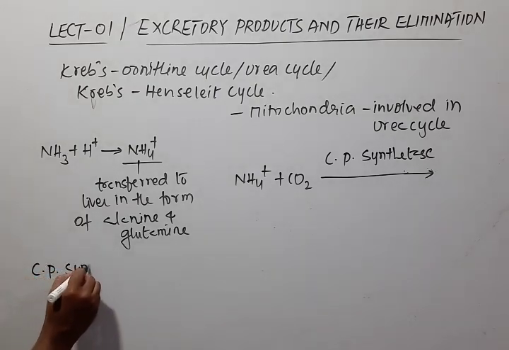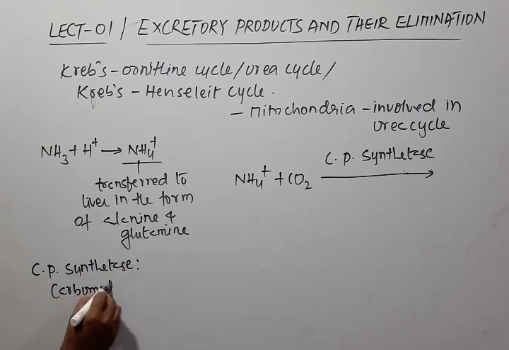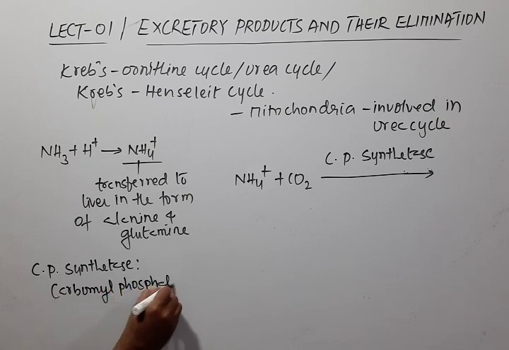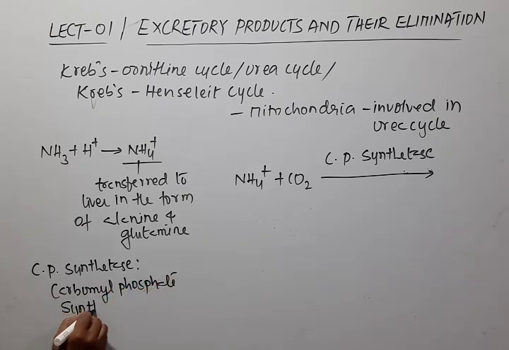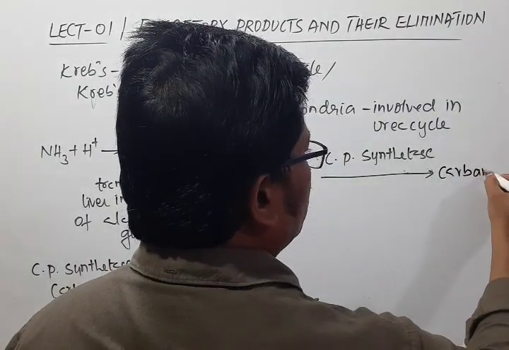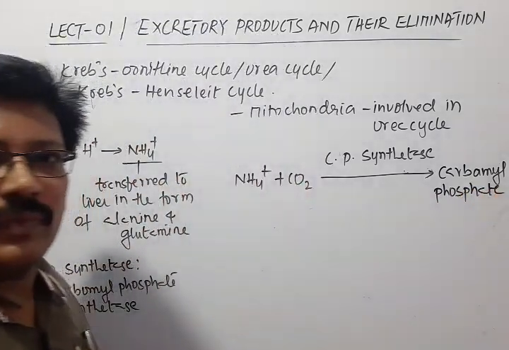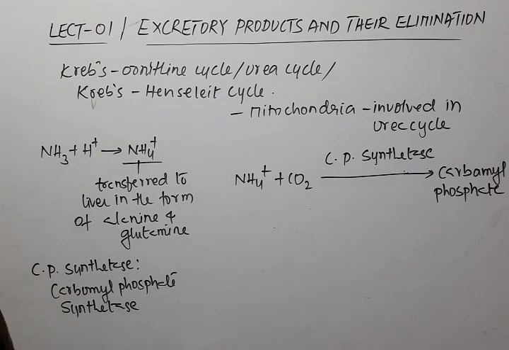The CP synthetase stands for carbamyl phosphate synthetase, which is the name of the enzyme. In the presence of this enzyme, the reaction results in the formation of carbamyl phosphate.